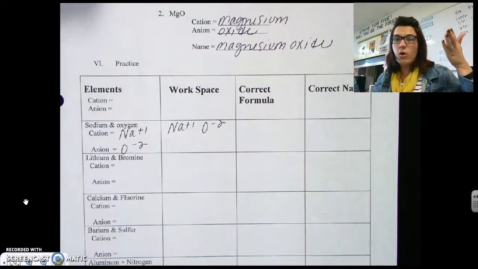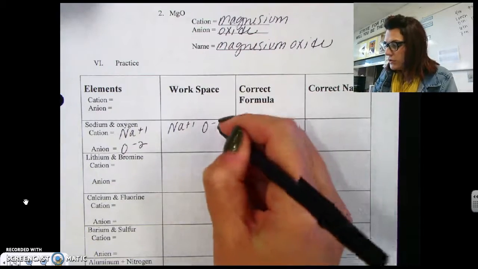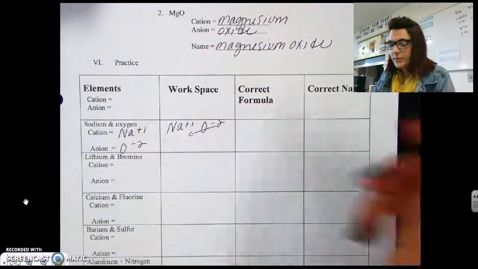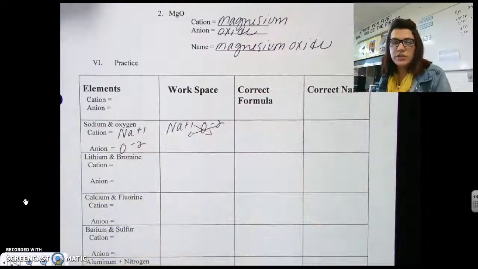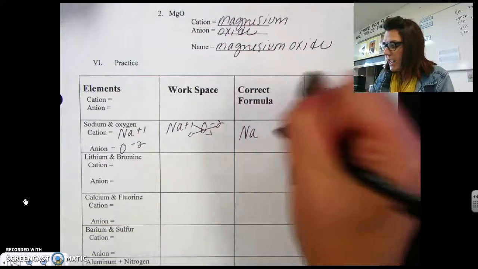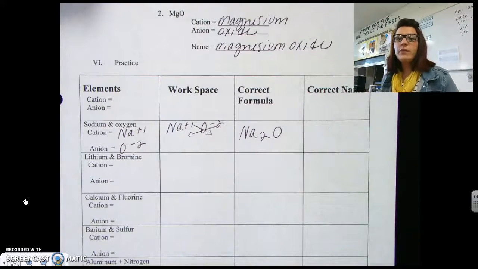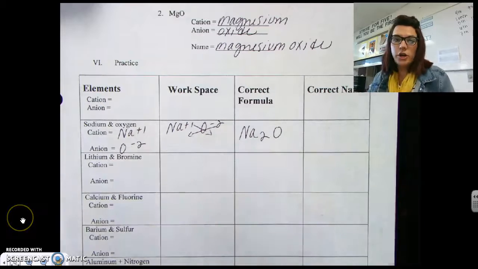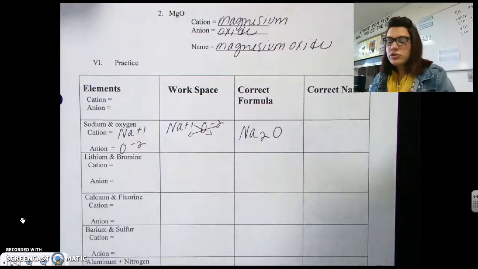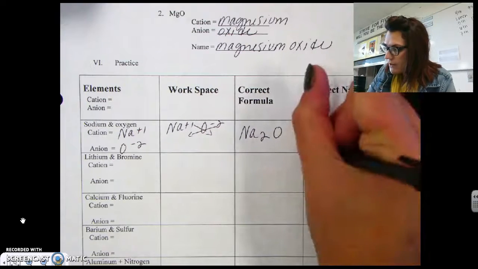The answer is no. Therefore, I'm going to crisscross the charges. So the 2 is going to go to sodium, and the 1 is going to go to oxygen. Therefore, the correct formula here is going to be Na2O. Okay? And when I write it as a subscript, I'm going to drop the charges. Okay? So to name this, it's going to be sodium oxide.